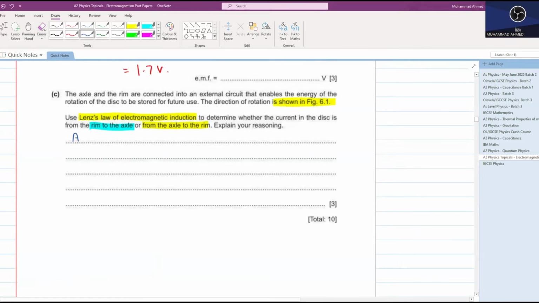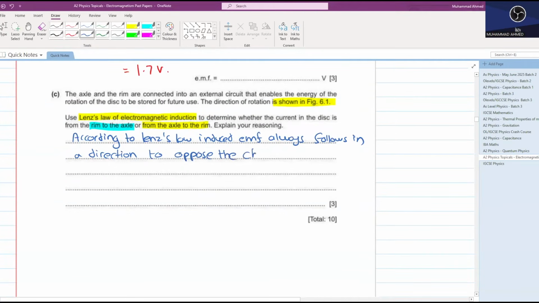You can say that according to Lenz's law, induced EMF always flows in a direction to oppose the change causing it.